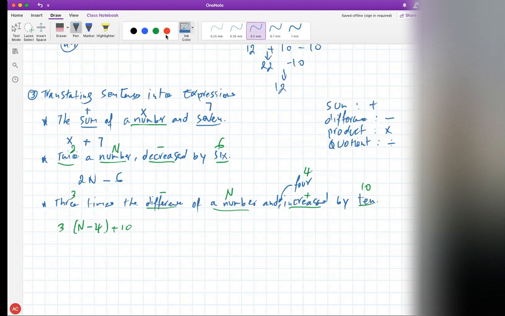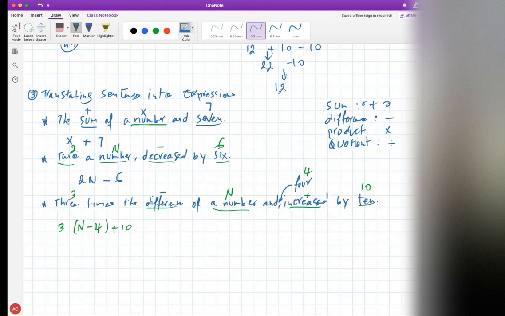n minus 4. The difference. So the difference of n and, the difference of a number and n. If you look at this by itself and ignore everything else, the difference means minus of two things. Just like the sum: when you say sum, it's got to be something here and something here.